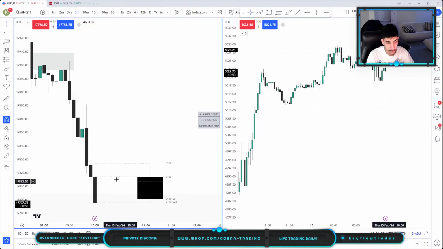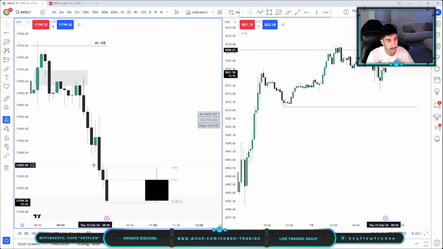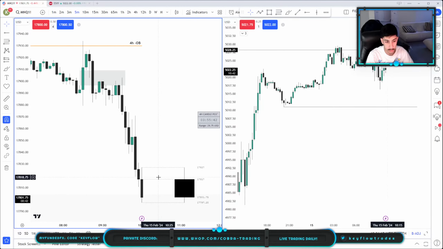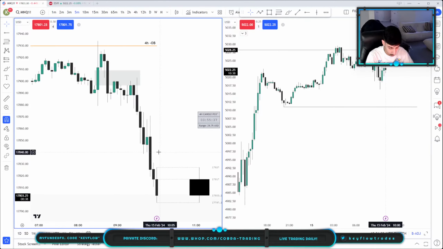This 4 hour though, this upper wick is nothing. So that can easily get taken out. We can easily target even a small scalp kind of trade to take out this wick. Could be there.